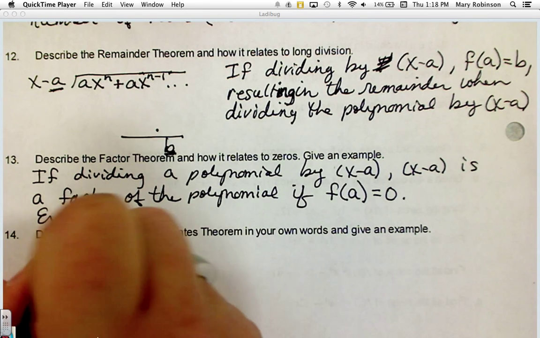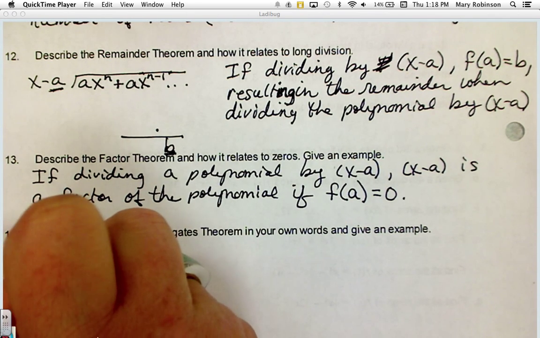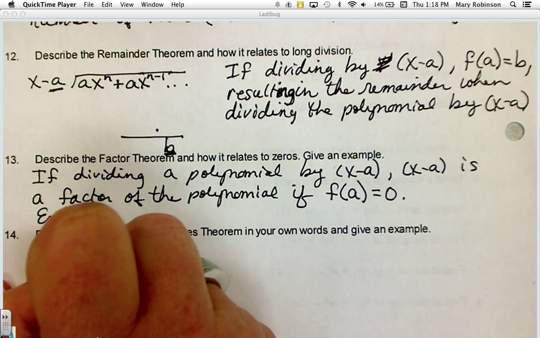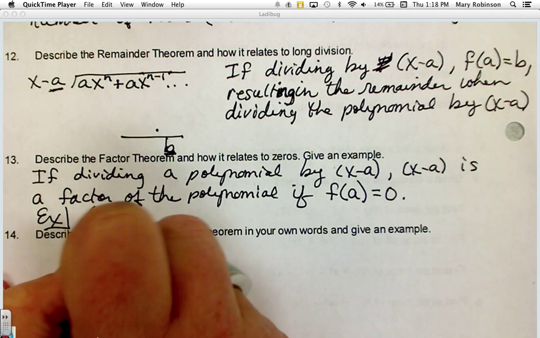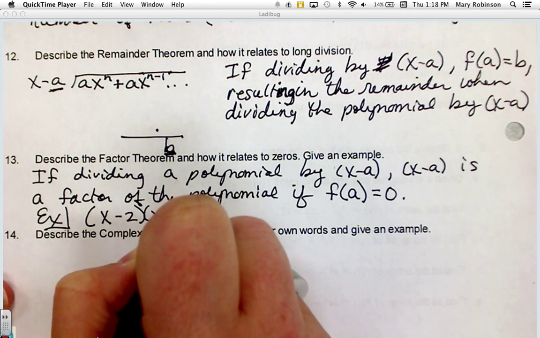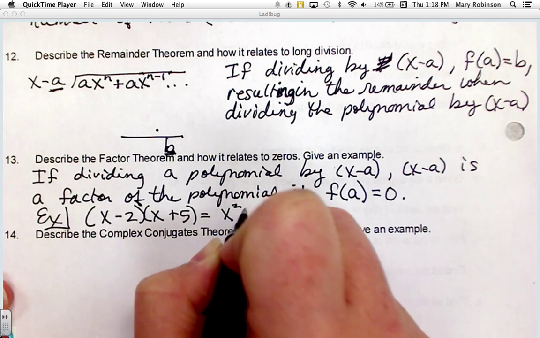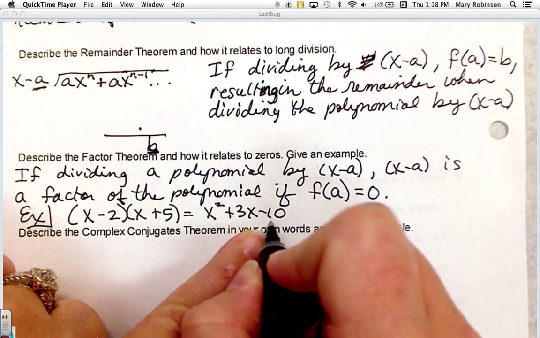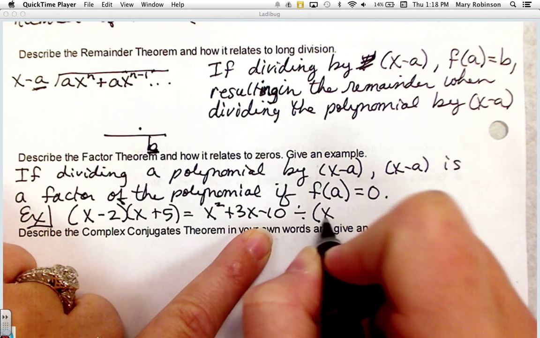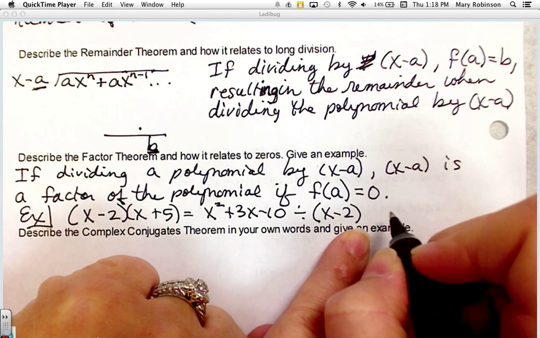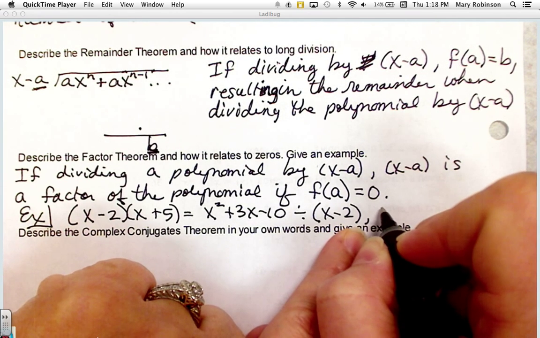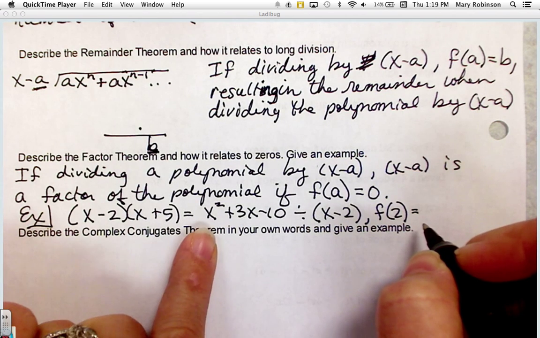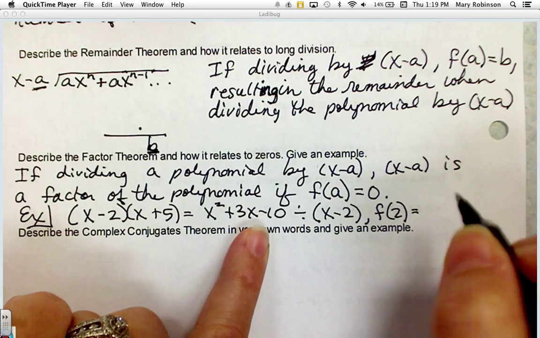For example, if we were dividing some polynomial, x minus 2 and x plus 5, which results in x squared plus 3x minus 10. If we were to take x squared plus 3x minus 10 and divide it by the factor x minus 2, then we could also evaluate f of 2. Now that means when you plug in 2 here, you look for the resulting output.